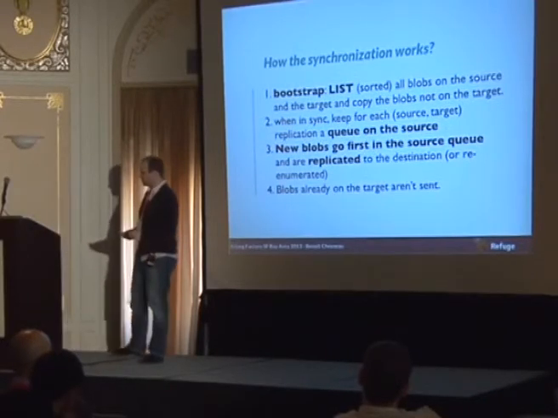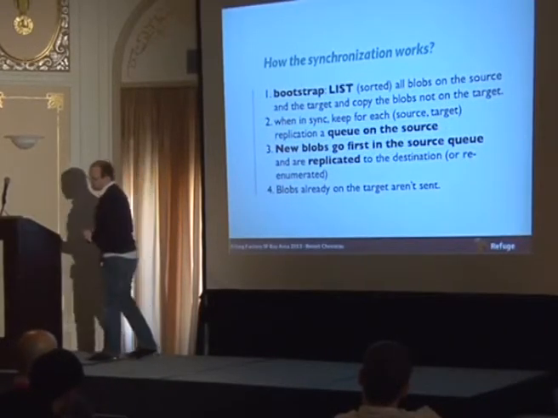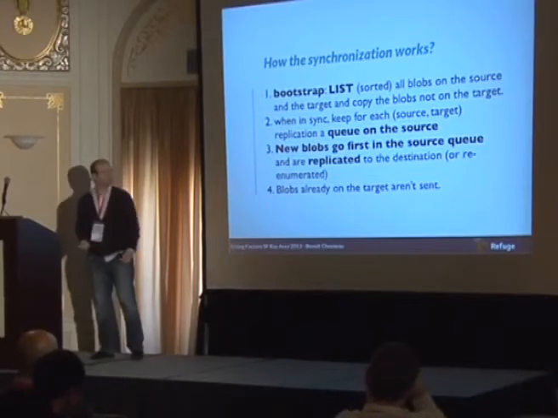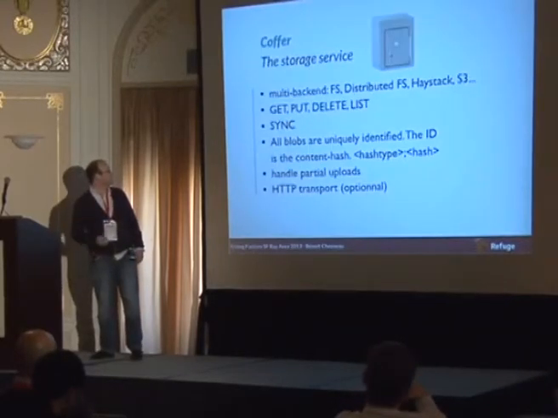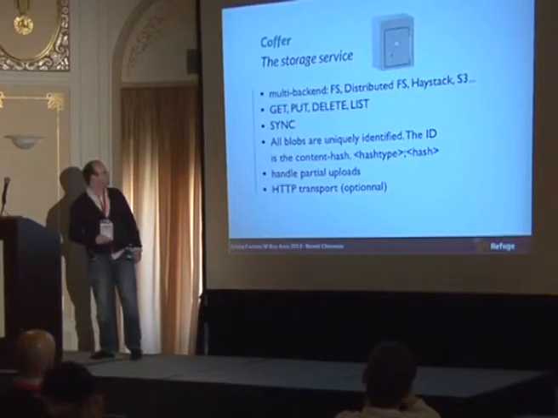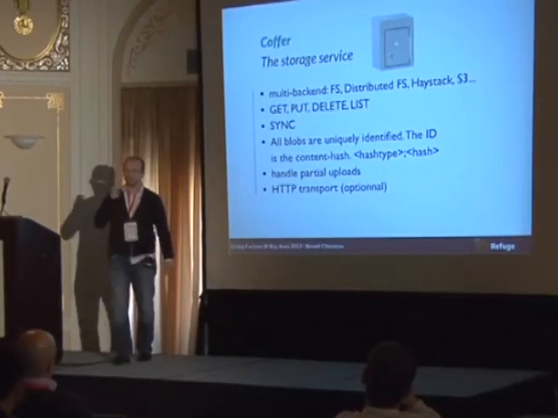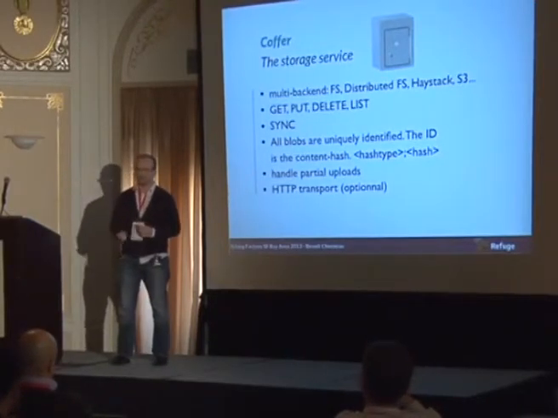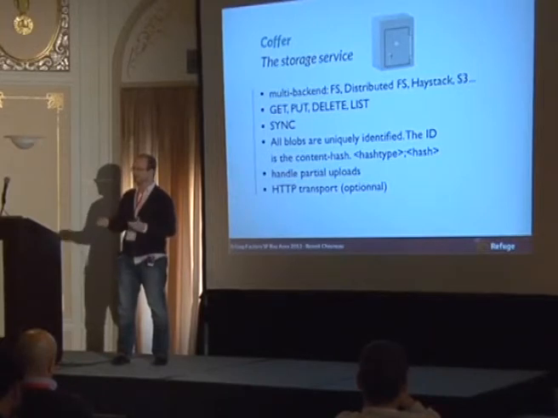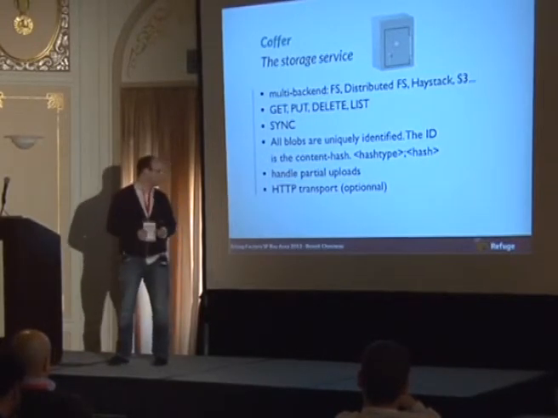And how does the synchronization work? The thing I forgot to say is that blobs are stored in Coffer with a unique ID. Generally, this is the content hash. At least this is what the default client for Coffer does.